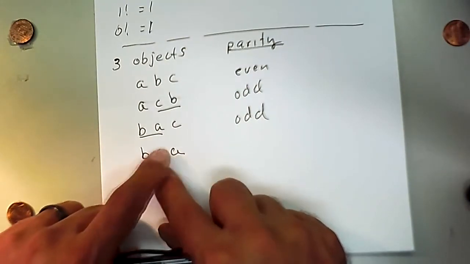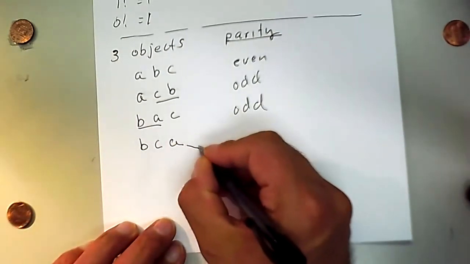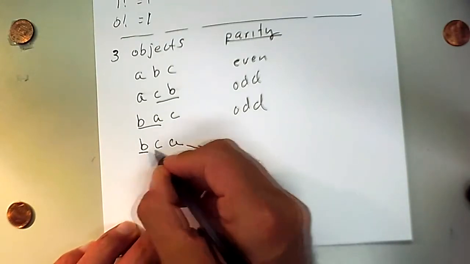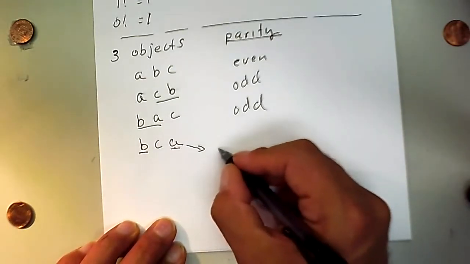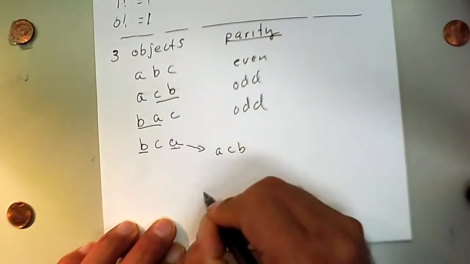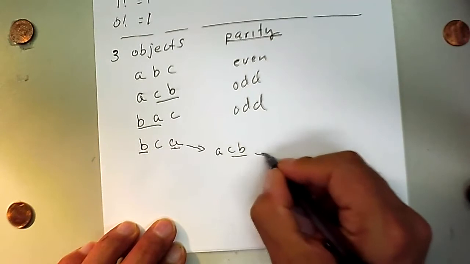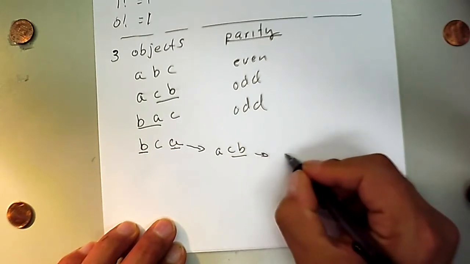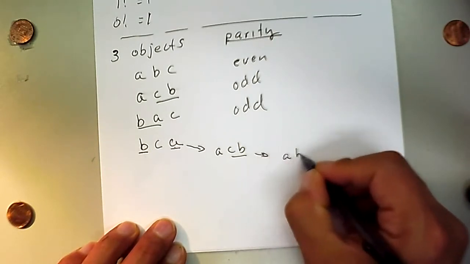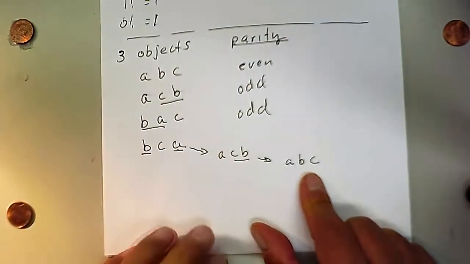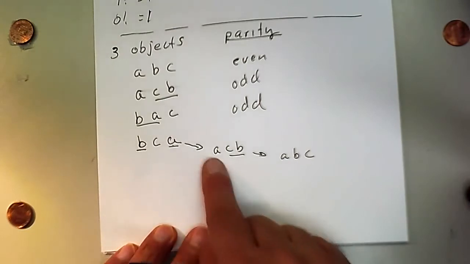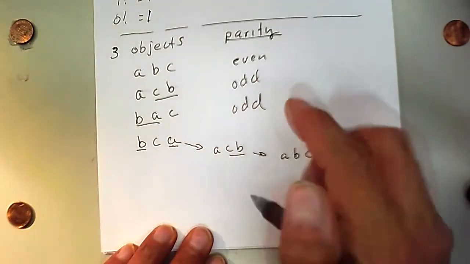So swap A and B, I'm going to show you. So 1 swap of A and B, and there's many ways to do this, will give us ACB. Now swap CB, and that gives us ABC, which is the original one. We declared that at the beginning. Okay, so we need 1, 2. 2 means even.